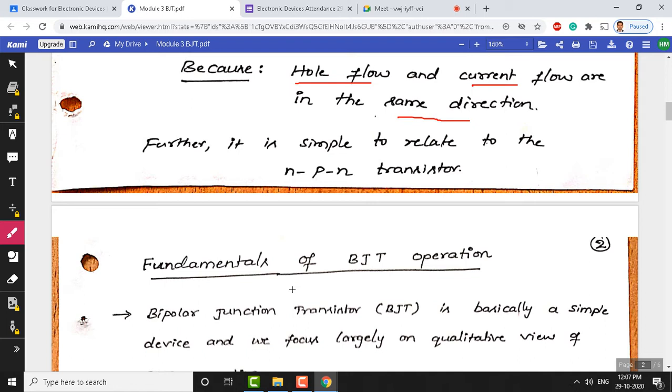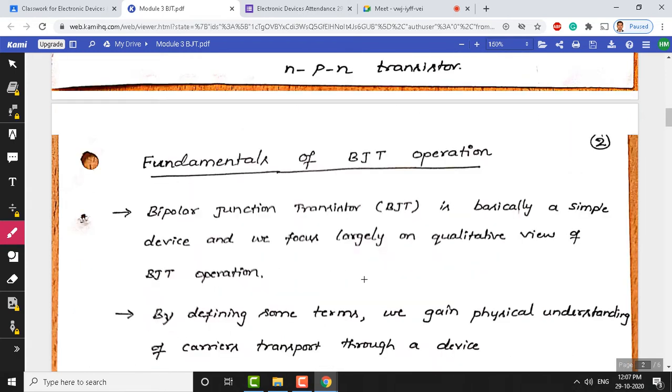Now, let us discuss more details on fundamentals of the BJT operation here. Once we know the foundation of the BJT and its operation, then you can easily discuss various applications related to the BJT. Bipolar junction transistor is basically a simple electronic device, and we focus largely on the qualitative view.